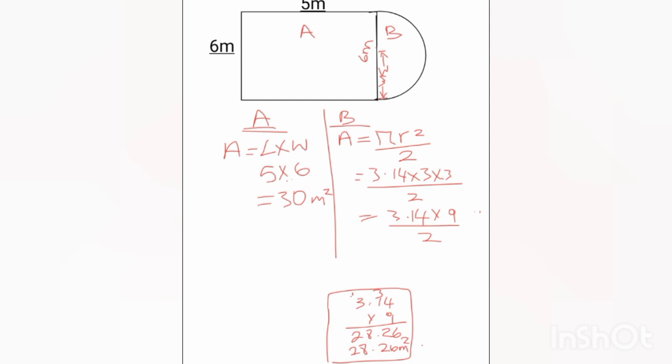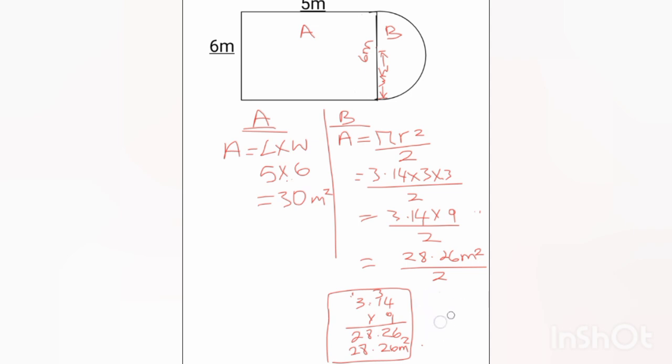Now, to find the area of the semicircle, as we said before, we'll be dividing by 2. So it's 28.26 divided by 2, meters squared, actually, since it's area, divided by 2 would give us 14.13 meters squared.